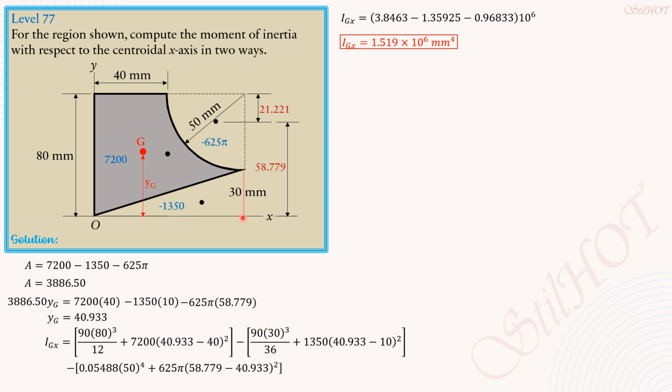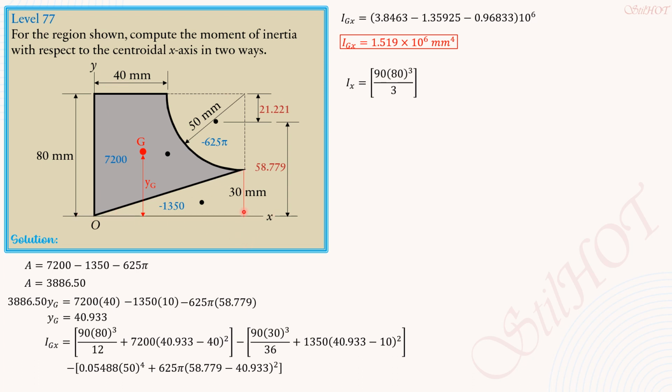But for the quarter circle, we have to transfer the moment of inertia, 0.05488 radius 50 to the fourth, plus area 625 by distance 58.779 square. So Ix is equal to, for the rectangle, 90 times 80 cube over 3, with respect to the x-axis or its base.